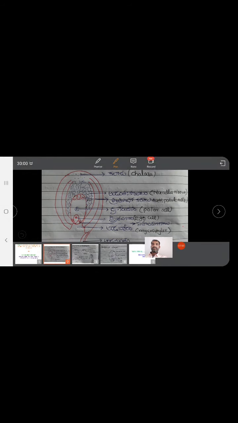Next, some ovules are not covered by any integuments; that type of ovule is called an ovule without integument.